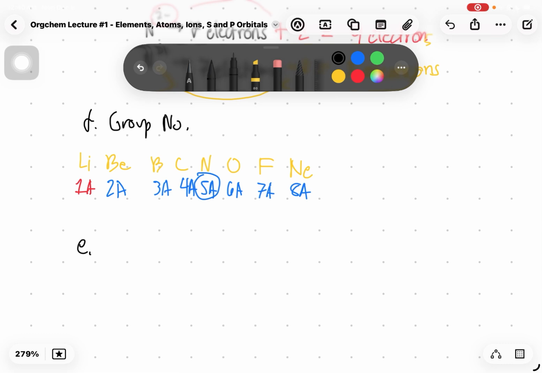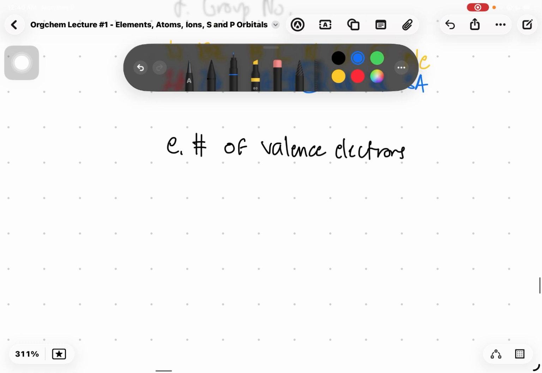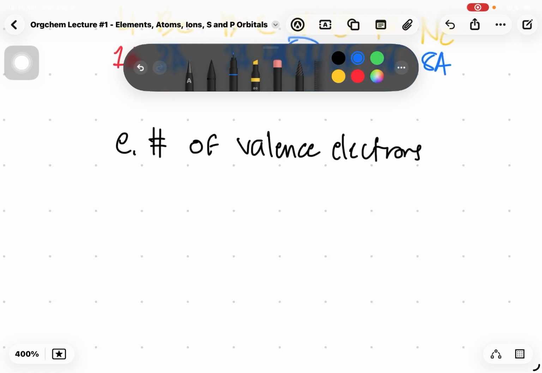The number of valence electrons. So how do we determine the number of valence electrons? The number of valence electrons is basically equivalent to the group number. So if lithium is in 1A, we would have 1 valence electron. Beryllium is in group 2A, we would have 2 valence electrons.